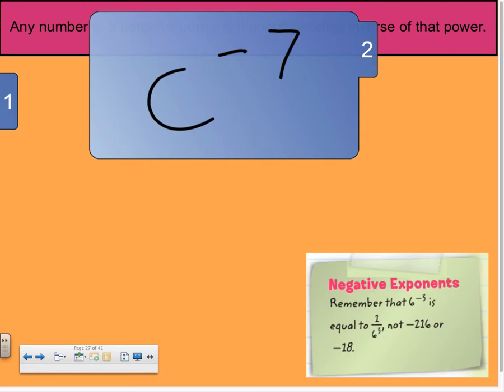Raven, what do you think? Not sure? Macy, what do you think? Very good, Macy. 1 over c to the 7th power. So we put the c to the 7th in the denominator, made that exponent positive, and we have our answer.